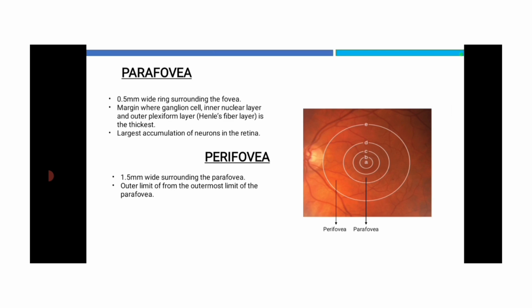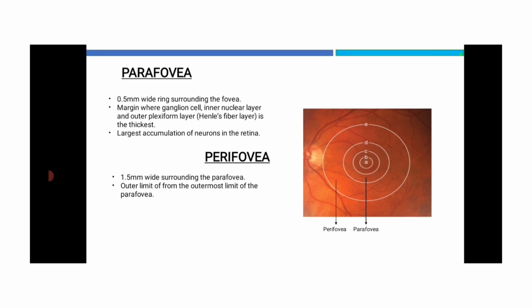Moving on to the next zone, which is parafovea. It is a 0.5 mm ring which is surrounding the fovea. It includes the peripheral foveal walls. It is the margin where the ganglion cell, inner nuclear layer, and outer plexiform layer are the thickest.